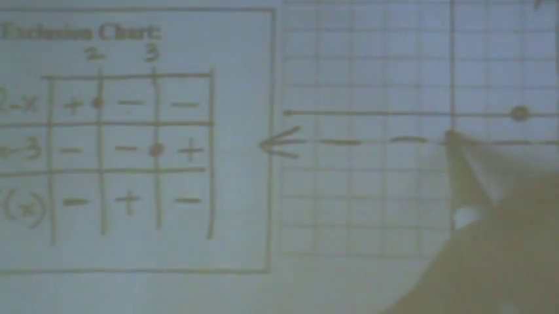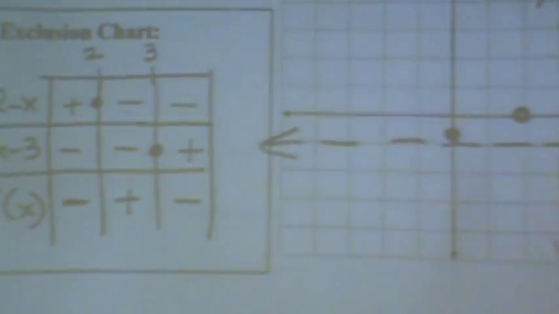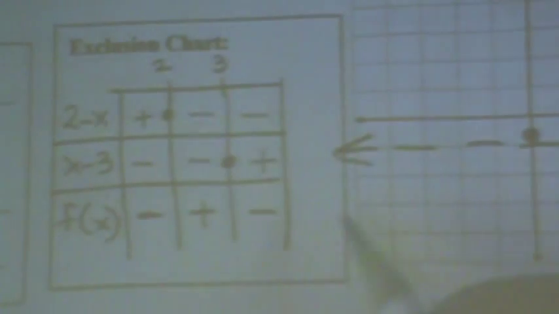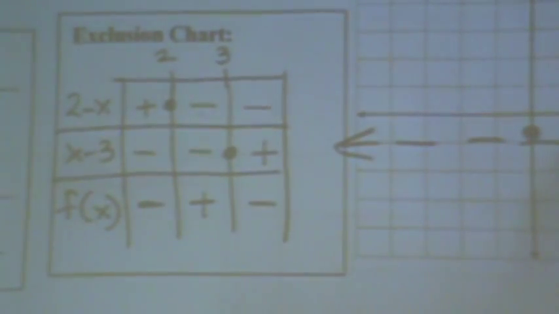I need you to put a dot at 0, negative 2/3. And is there a hole? Did we cross anything out? Nope. So let's put this from negative infinity to 2. We're in the negative. So we're going to go like this. Pick up this. Then we're in the positive. And then we're in the negative.